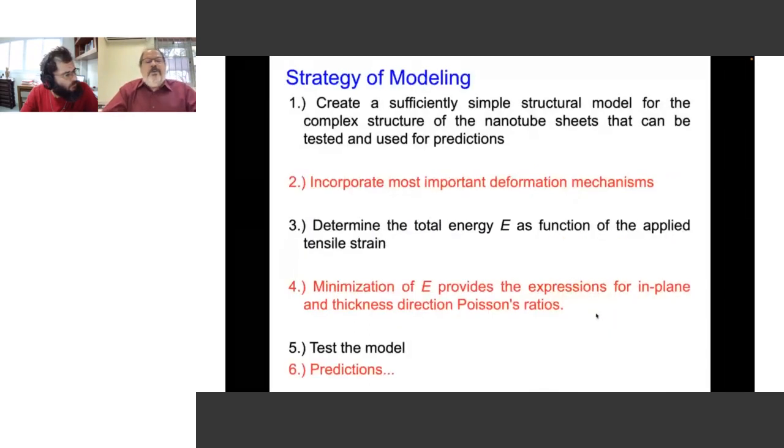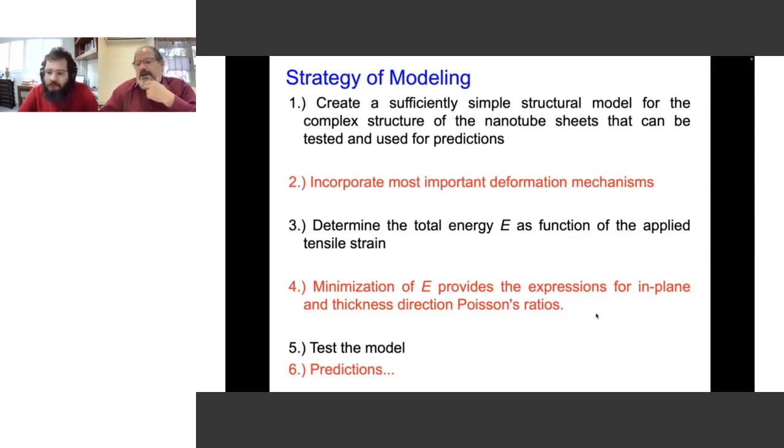So how do you model this? In this case, you cannot use fully atomistic simulation or even coarse grain because it's too large. So you have to invent a new way of modeling this.